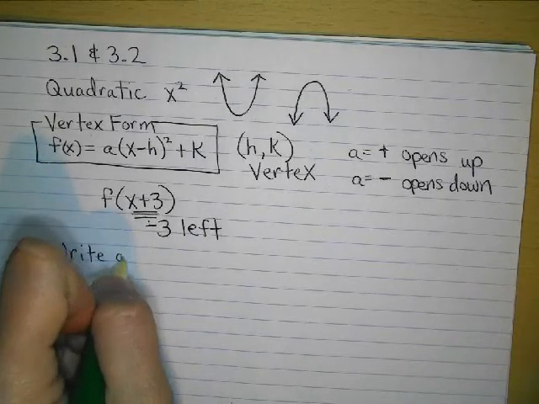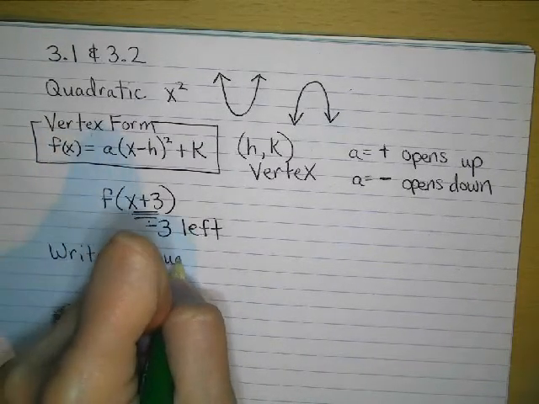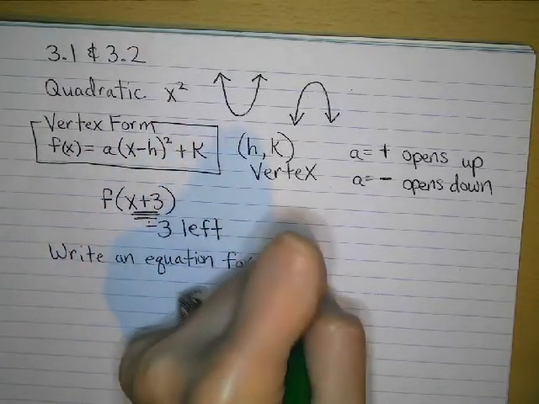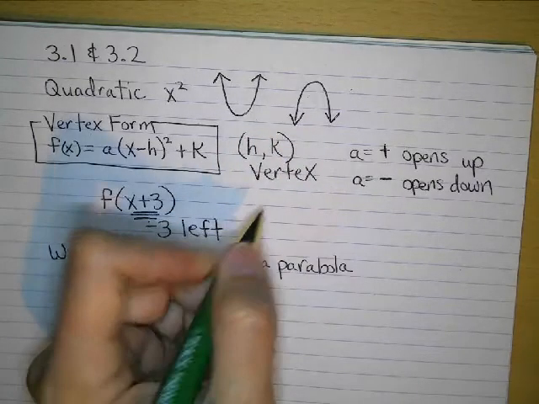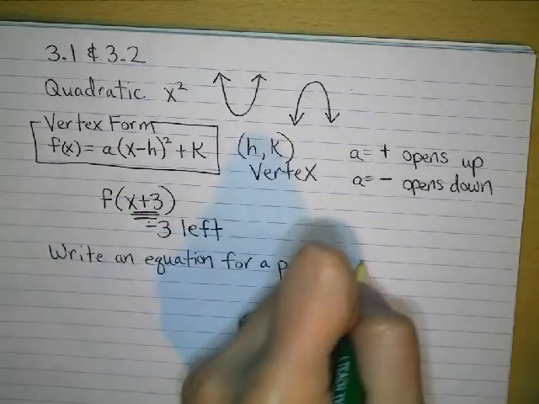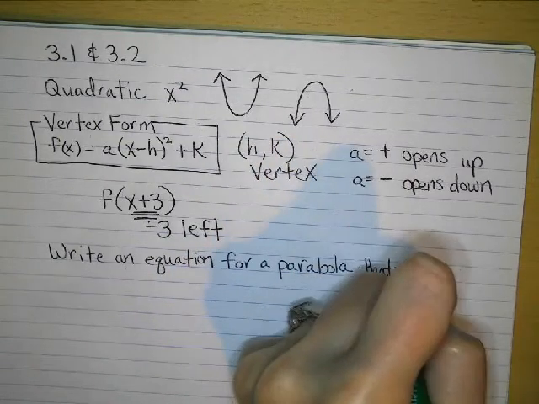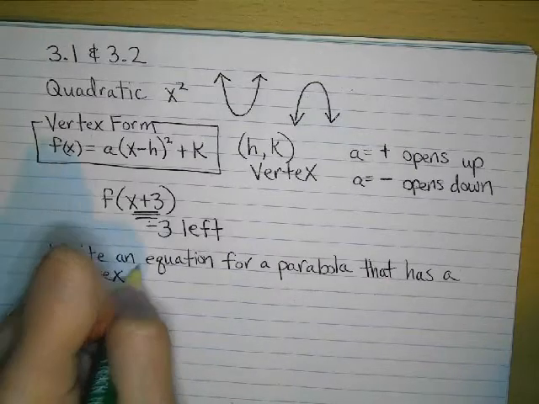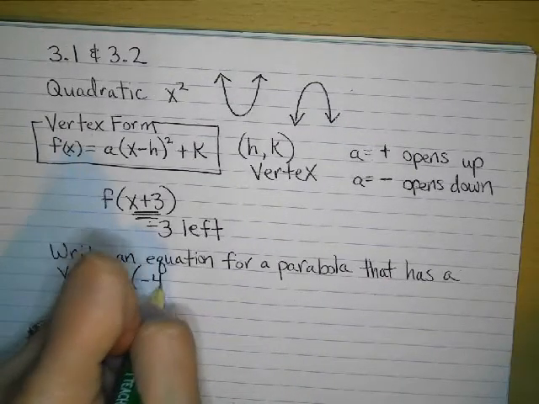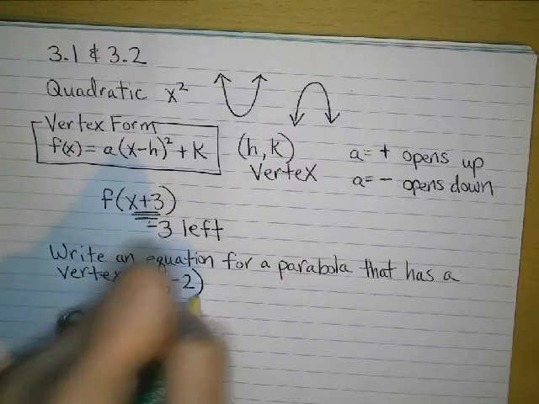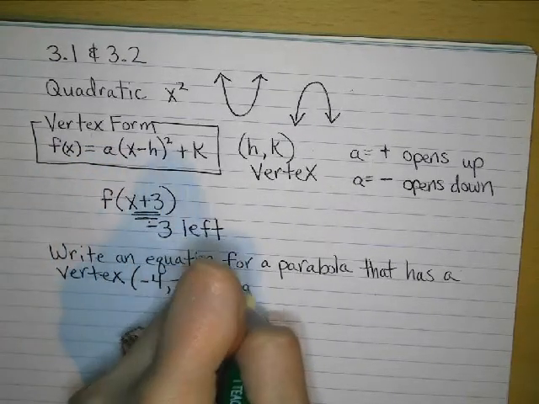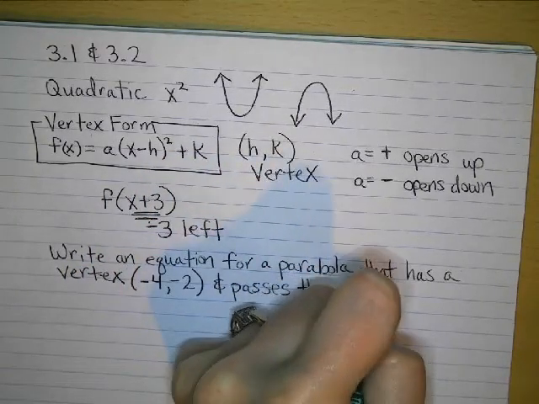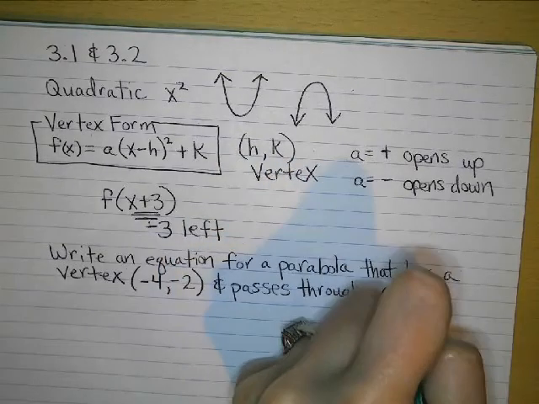Let's say it says write an equation for a parabola that has a vertex at (-4, -2), and passes through (6, 18).